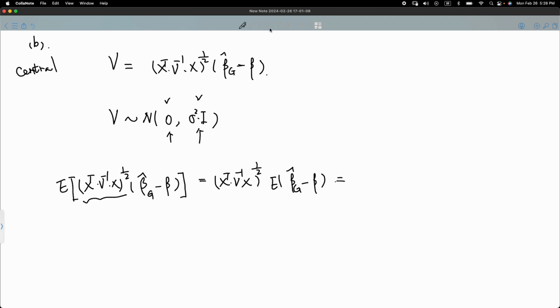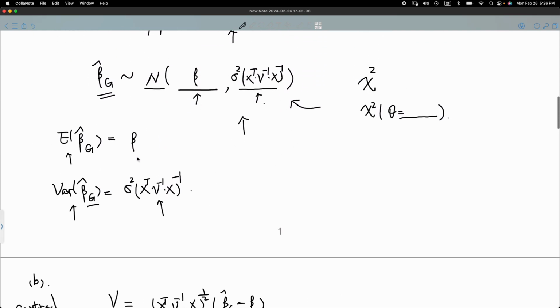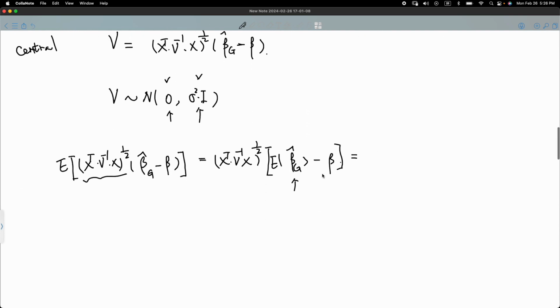Again, this is also a constant term here. Essentially the expectation is only going to affect your estimator here. So now we just need to evaluate the expectation of beta g hat, and here we can use the information that we get from here. The expected value of beta g hat is equal to beta. So as you can see, this is going to be 0.